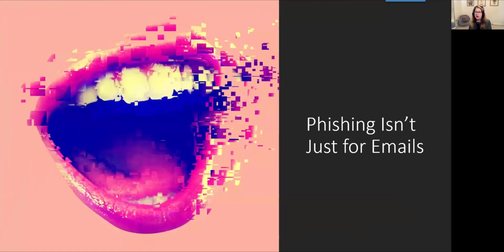And also remember that we're not just getting phishing emails anymore. We're also getting smishing, which is SMS phishing, and vishing, voicemail phishing, and heck, we're getting letters. So there's a whole lot of ways that they're trying to get us to reveal information. And it's not just email. So you have to be very careful.